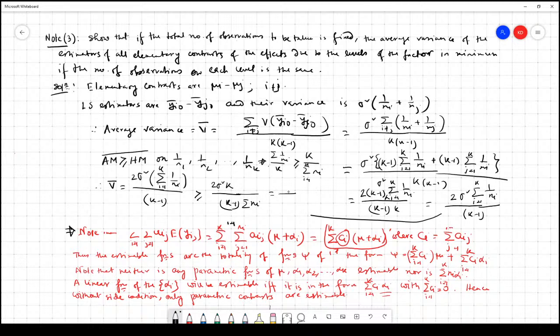Okay, so we write this is 2 sigma square by n naught, where n naught is equal to sum over ni, k minus 1 by k. So, and this equality holds if and only if all ni's are equal, that means n naught.